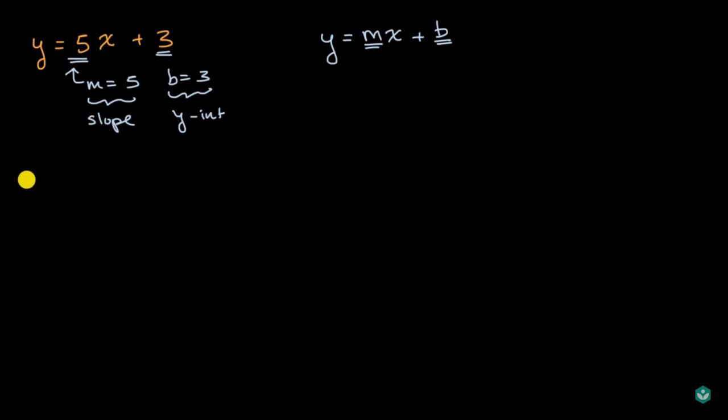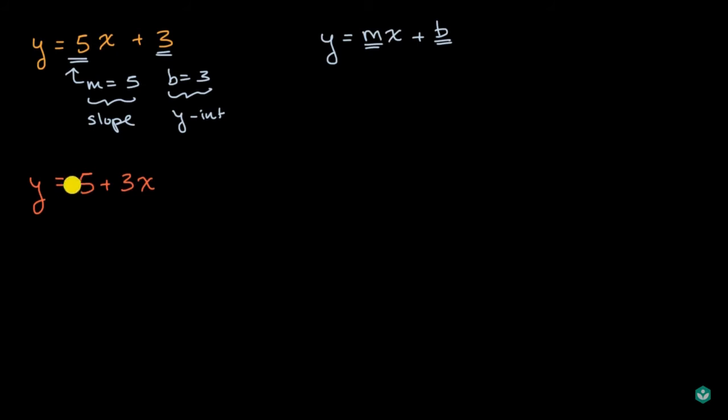Let's say if we had the form y is equal to 5 plus 3x. What is the slope and the y-intercept in this situation? Well, it might have taken you a second or two to realize how this equation is different than the one I just wrote. Here, it's not 5x, it's just 5. And this isn't 3, it's 3x.